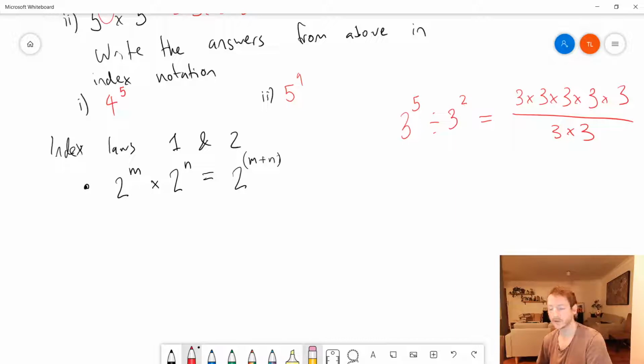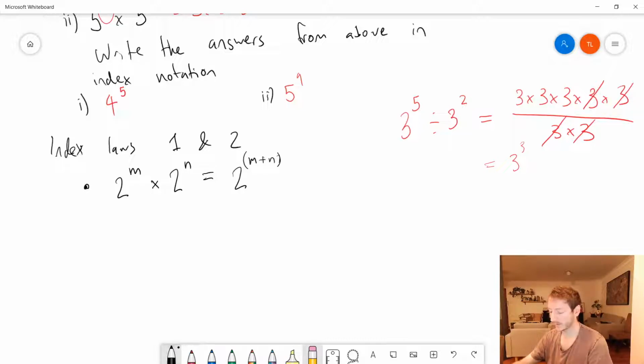Well, just like in algebra, we can divide them out if they appear on the top and the bottom. So 3 cancels with that 3. And we're left with just 3 times 3 times 3. And you'll notice if I do 5 minus 2, I get 3. And here, there are 3 3s. So 3 cubed, 5 minus 2 is 3.